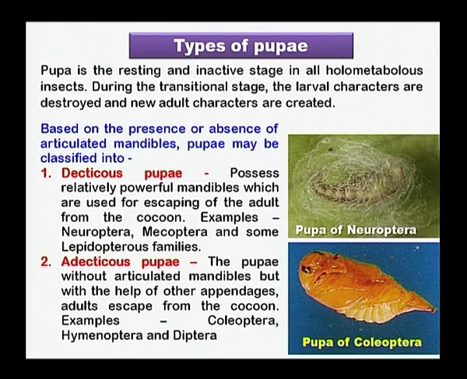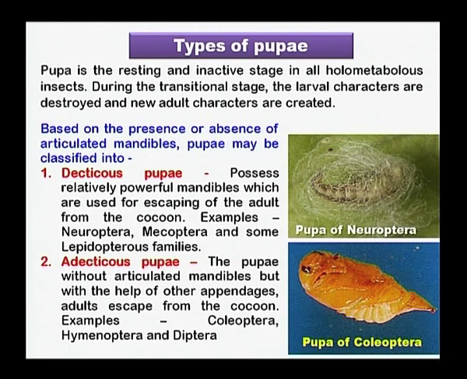For example, first, decticous pupae, it means they possess powerful mandibles which are used for escaping from the cocoon, and the examples include the members of the Neuroptera, Mecoptera and some Lepidopterous families.